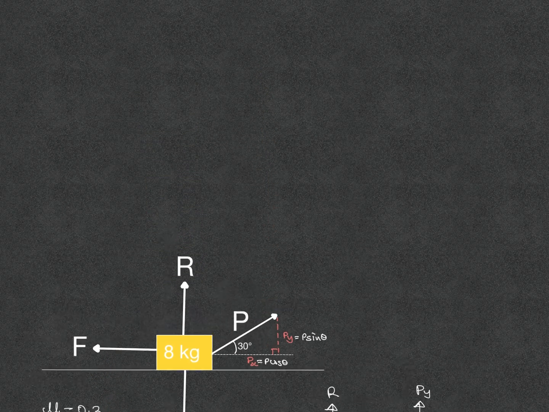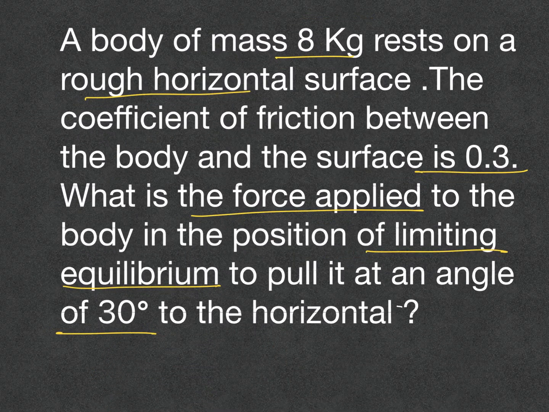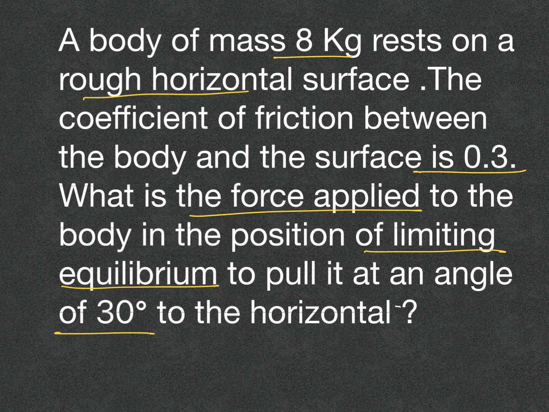We can now move on to analyze the question proper. It says that we find the applied force to the body in the position of limiting equilibrium. So this body is in limiting equilibrium. Whenever you have a friction problem, ask yourself, is the body in limiting equilibrium or in acceleration?